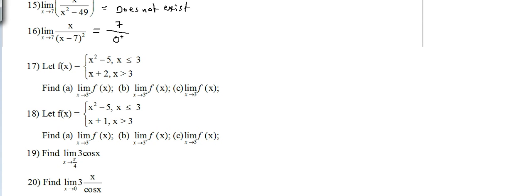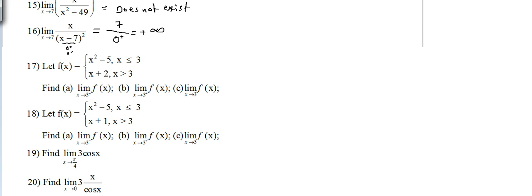Why? Because x tends to 7 means either x tends to 7 minus or 7 plus, from the right hand or from the left hand. Because we are squaring it, whether the inside is 0 plus or 0 minus, it gives me 0 plus as an answer because we are squaring this positive or negative number, so the answer will be plus infinity.